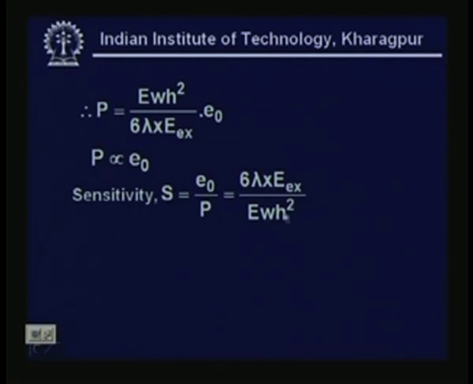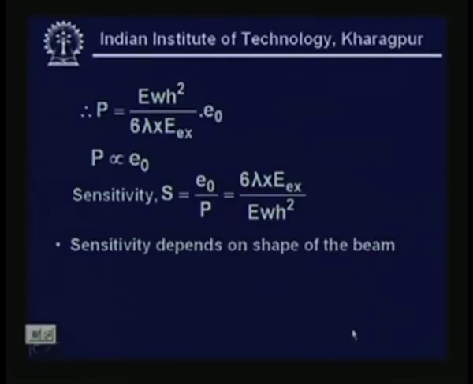But there is little chance of reducing E, because we will use steel. So we can only manipulate W and H squared. If I reduce W and H, the range of the instrument will also reduce. Similarly, I cannot increase the excitation indefinitely, because it may cross the current limit of the strain gauges.